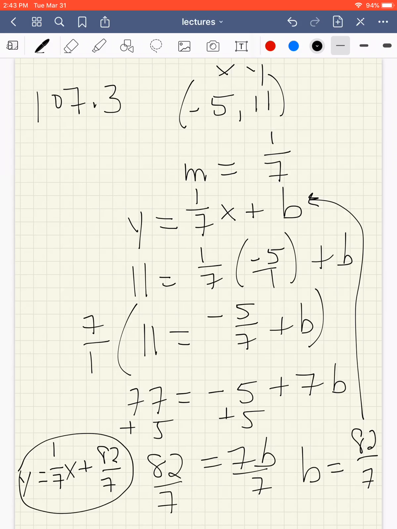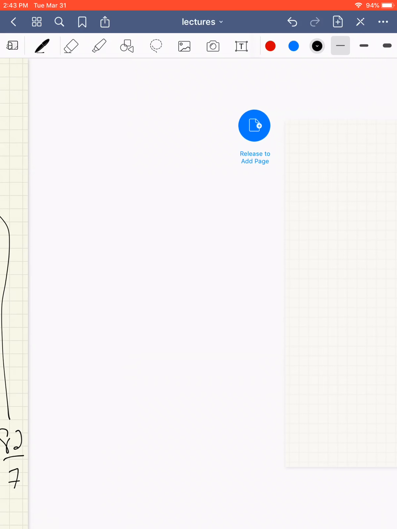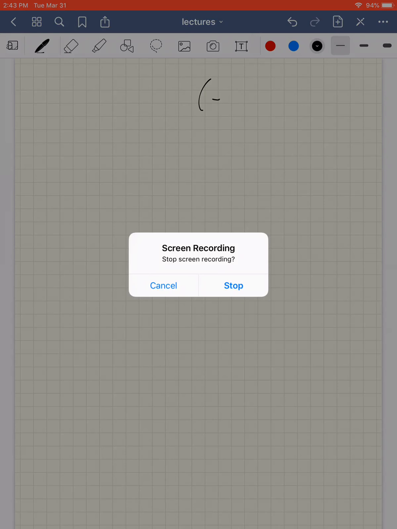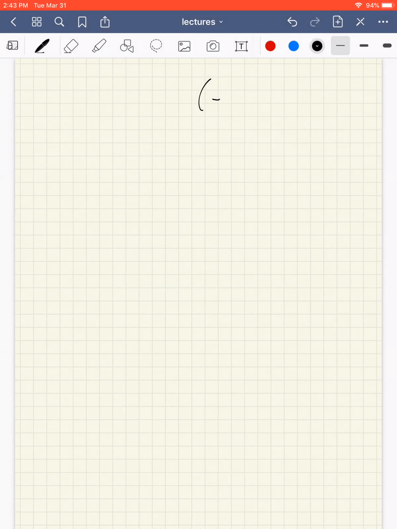All right. So one more. It says find the equation of the line that passes through the point, oh gosh, big numbers, negative 50, comma 40.